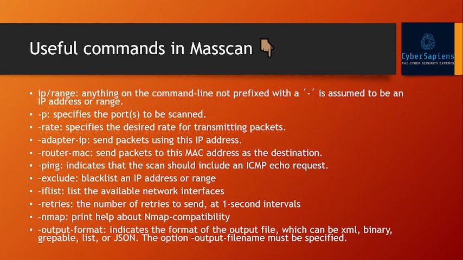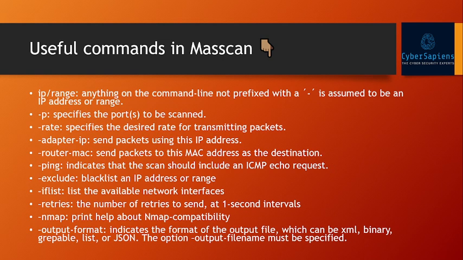Hyphen rate is the transmission rate of the packets. We can speed up the scan. Then there are multiple options you can mention. There is adapter IP, sending packets using this IP address; router MAC, sending packets to this MAC address as a destination. Then ping, which, as we all know, should include an ICMP echo request.